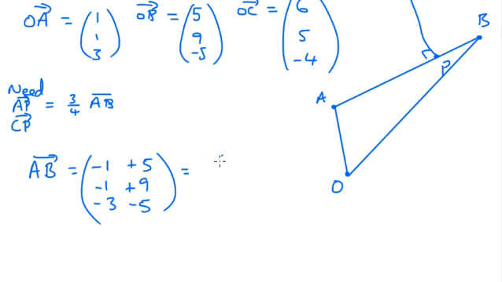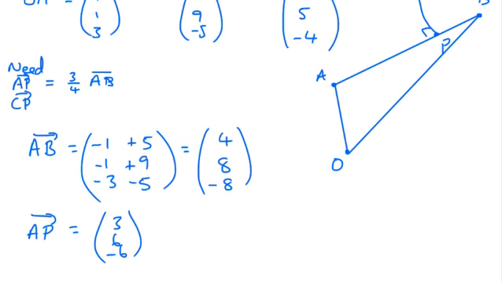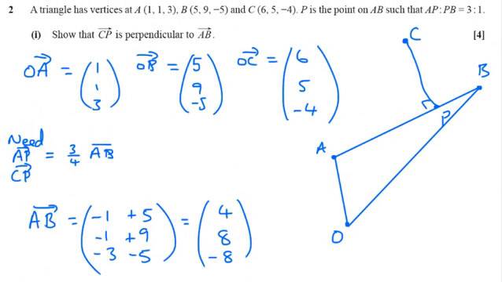We're going to have 4, 8, minus 8. And A to P is 3/4 of that, because the ratio is 3 to 1. So that's going to be 3, 6, minus 6.